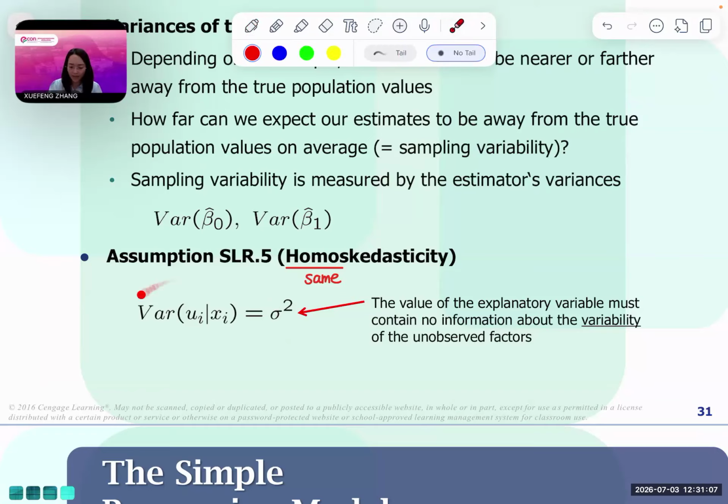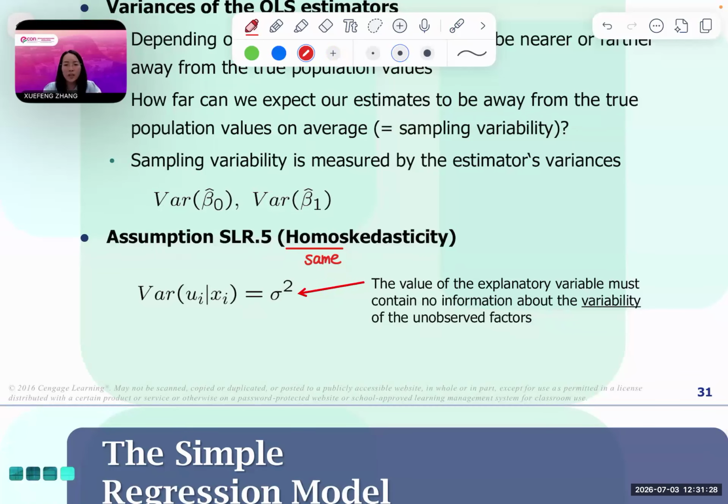It means that the variance of mu i given xi equals sigma square. The value of the explanatory variable must contain no information about the variability of the unobserved factor. In other words, no matter what value x takes, the unpredictable part of y is always equally wild.